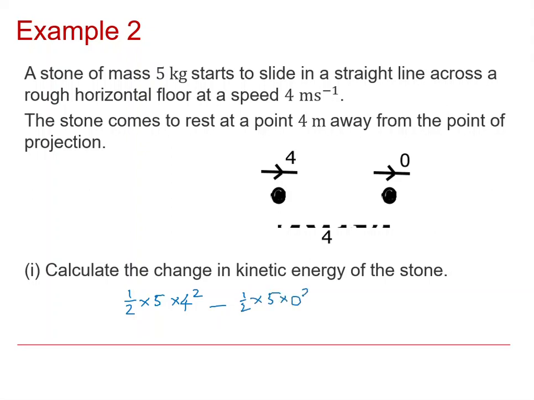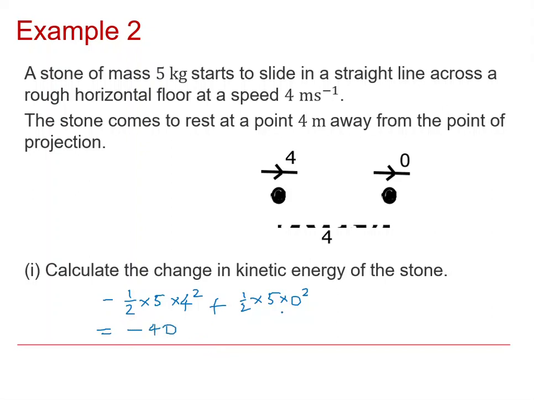Now we need to be careful here, because although that's the obvious way to calculate it, strictly speaking, the change in kinetic energy should be thought of as the final kinetic energy minus the initial kinetic energy. So we should put it the other way round, and that gives us a negative quantity, which is minus 40.